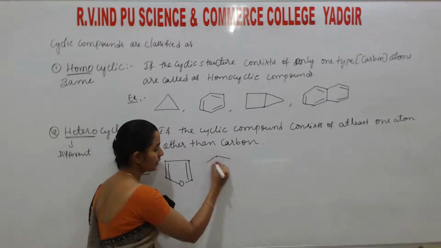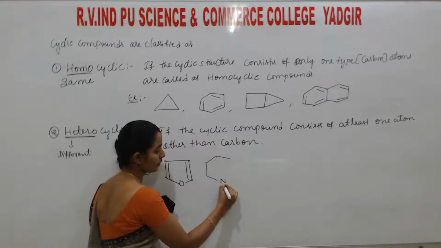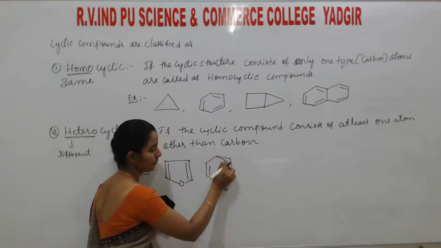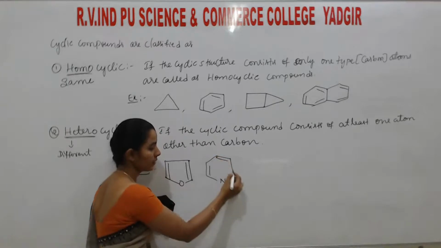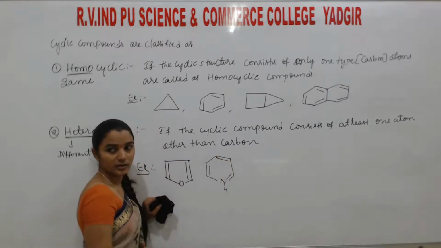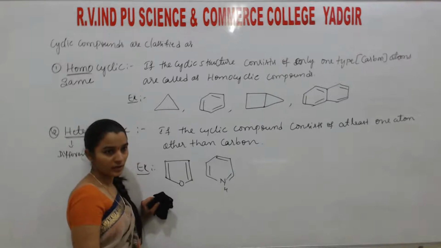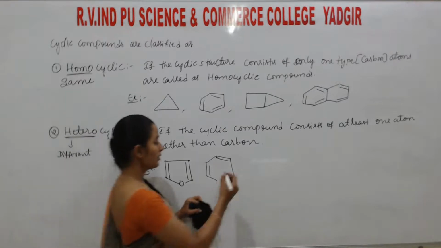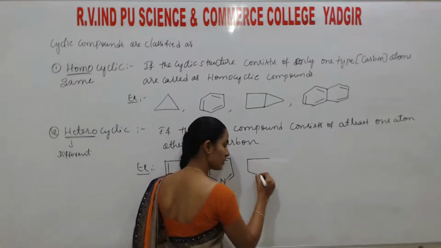Similarly, this is also an example. NH. So your five carbon atoms are there, and one is the nitrogen atom. Understand? If you want to say cyclic, this is also correct.